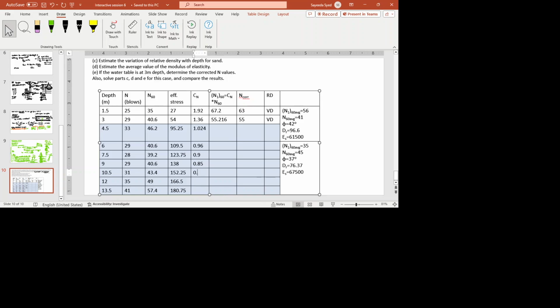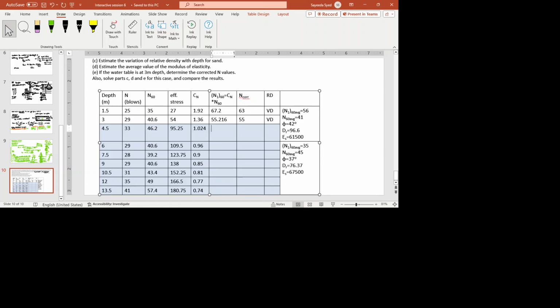This will be 0.81. This will be 0.77. This will be 0.74. So N160, let's calculate.